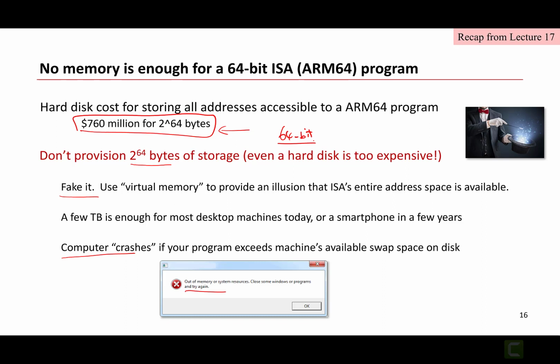But today, you as a programmer have to be disciplined enough to not use all this space that you are allowed under your 64-bit ISA.